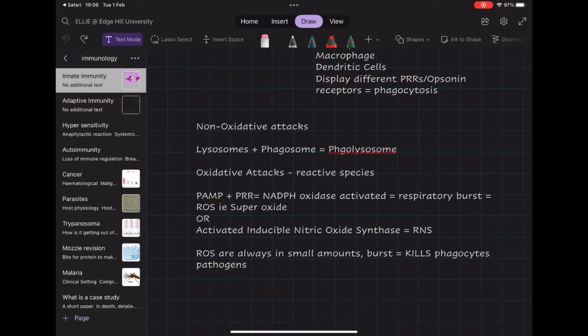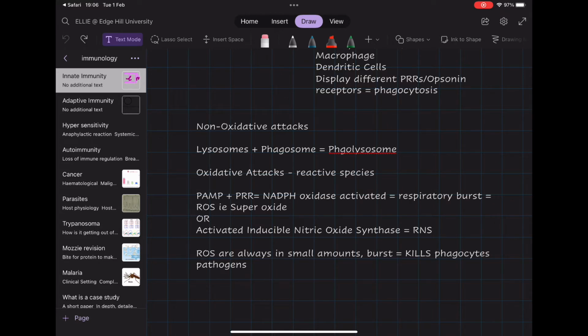In an oxidative attack, you'd have a binding of something called a PRR, which is a pathogen recognition receptor, which targets a PAMP, which is a pathogen associated molecular pattern, and it can do one of two things.